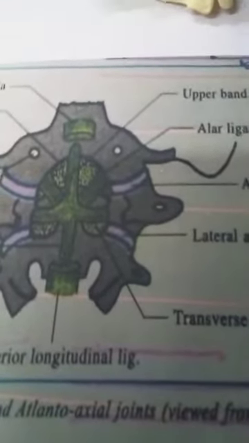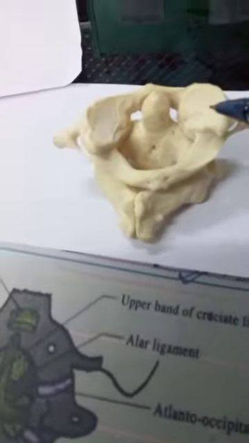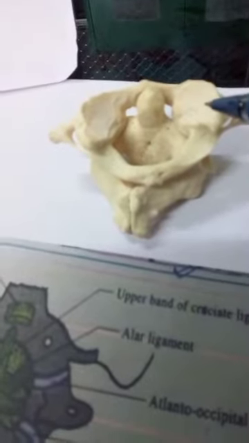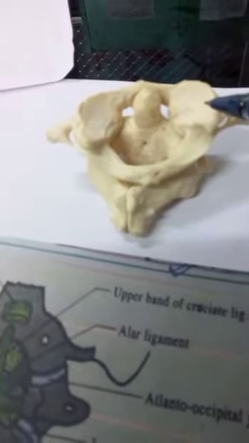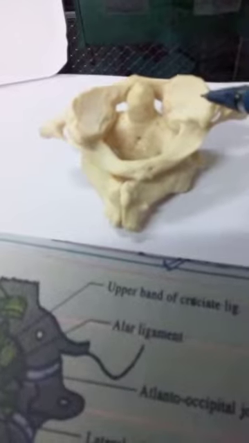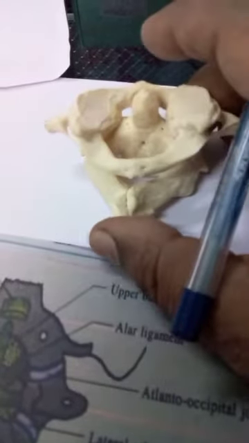The lateral atlantoaxial joints take part in rotation of the head and also transmit the weight of the skull through the atlanto-occipital joints.